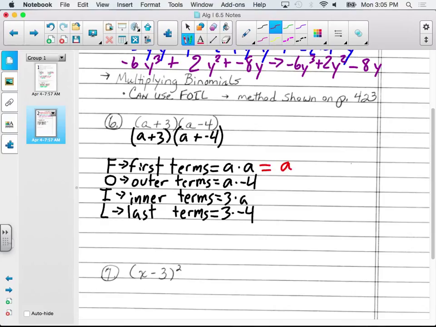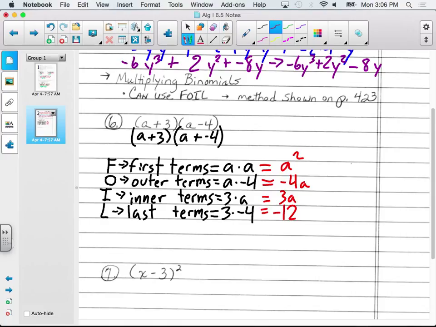A squared. When we multiply our outer terms, A times negative 4, we get? Negative 4A. Our inner terms, 3 and A? 3A. And then our last term is 3 times negative 4? Negative 12.